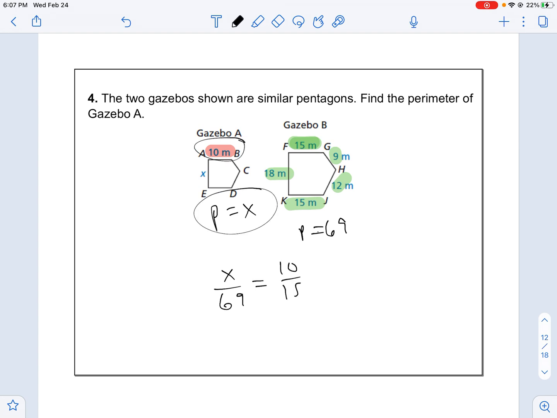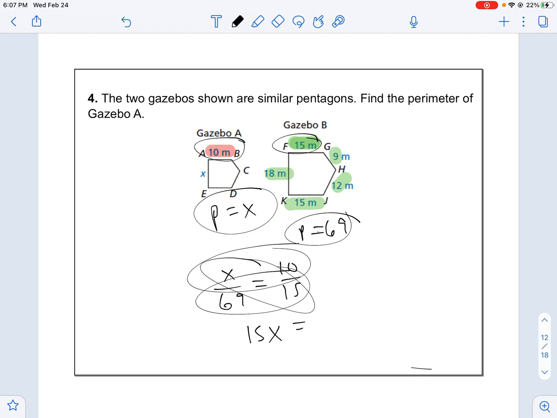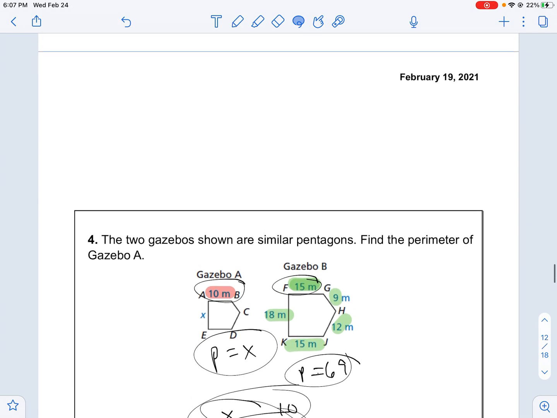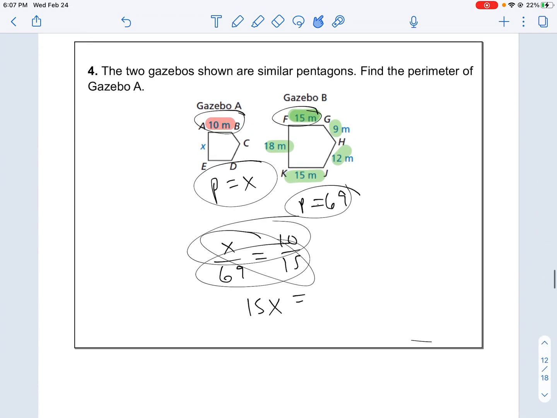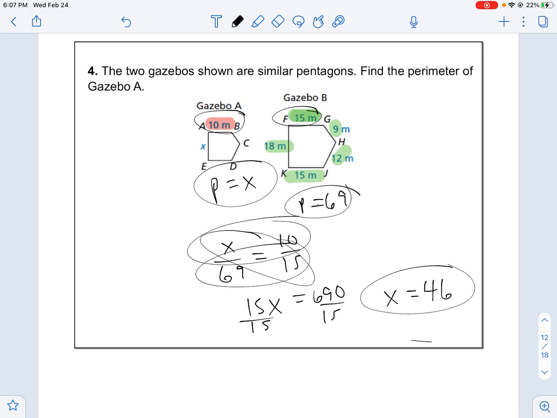The x and the 10 are in the same spot. 69 and the 15, same spot. So we get 15x equals 690. When we cross multiply and divide by 15, we get x equals 46. And that's how you find the perimeter. Nothing else to it.